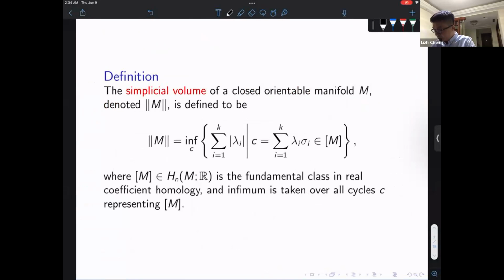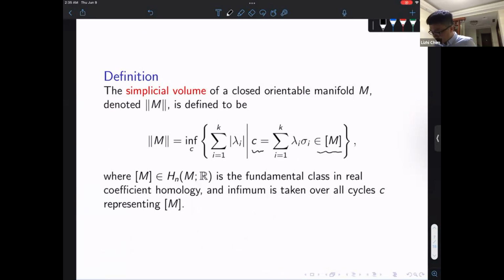And then I'm going to talk about the simplicial volume. We define the simplicial volume to be the infimum of the sum. Here, this sum comes from a cycle C representing the fundamental class in real coefficient homology, and the infimum is over all cycles C representing the fundamental class.